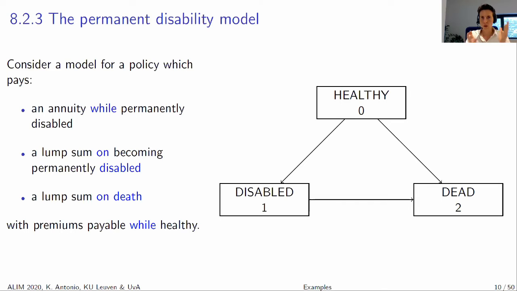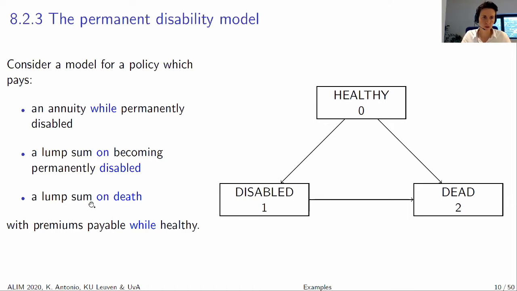So what kind of insurance products or benefits can you think about? We can think about an annuity that pays while you are in state 1. We can think about a lump sum, a benefit that is paid once on becoming permanently disabled. That would mean when you make the transition from 0 to 1, a certain amount will be paid.